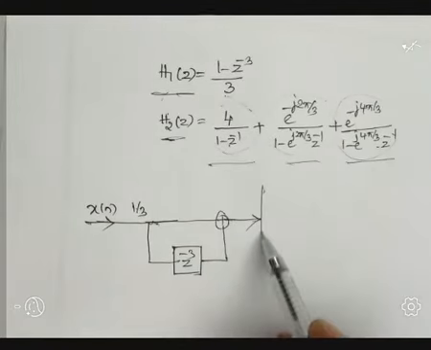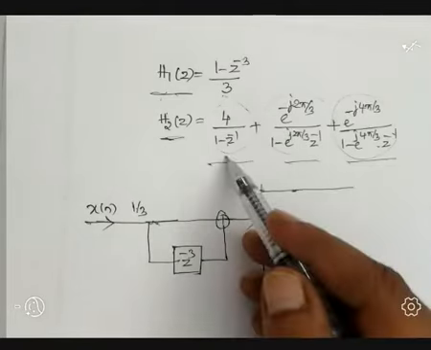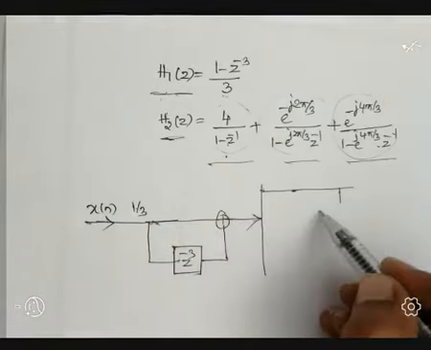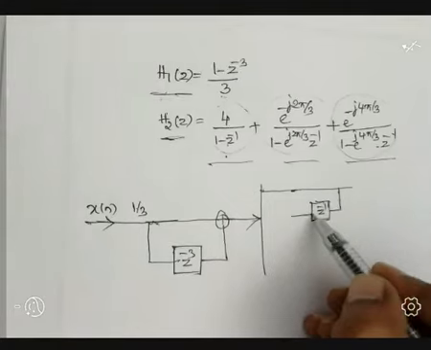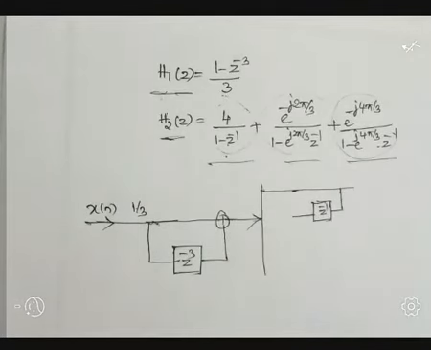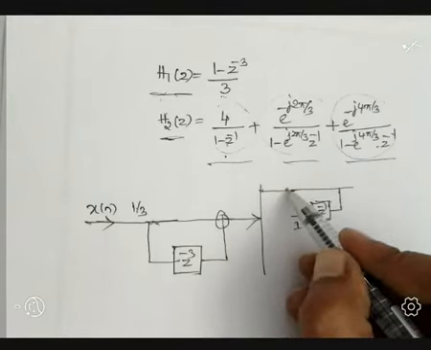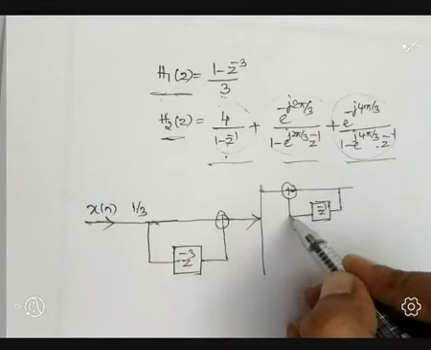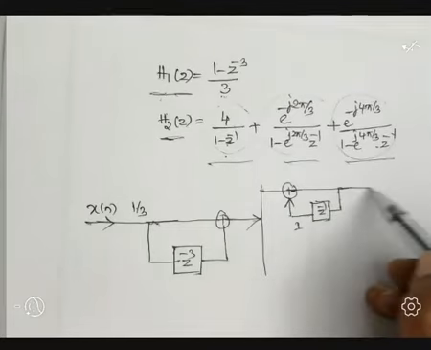So first part, this one time delay. Okay, one time delay, and coefficient term is what? Coefficient term is nothing is there, one is there, so it becomes 1, adding with the previous operation. Okay, this is multiplied by 4.